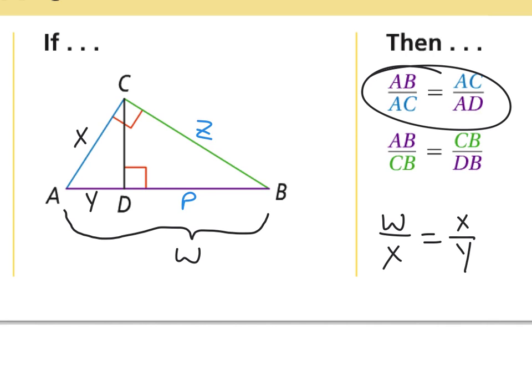So our proportion here is that the entire hypotenuse corresponds to the leg in the same way that that leg corresponds to the small part of the hypotenuse. W over Z equals Z over P.